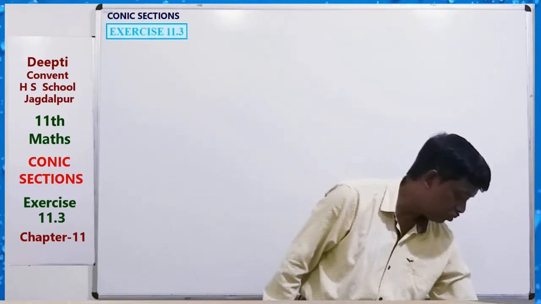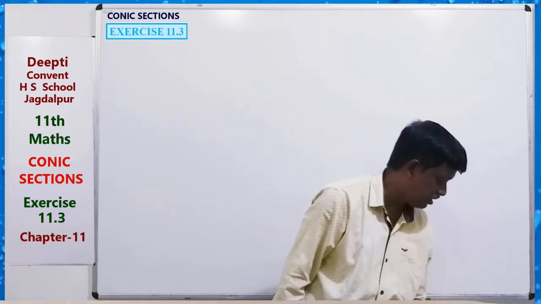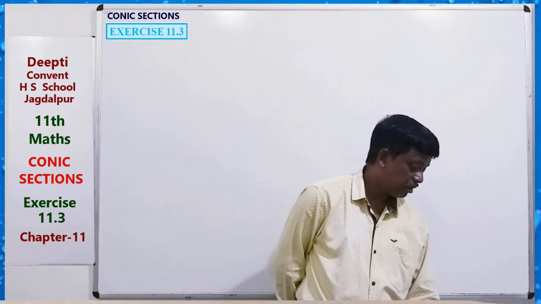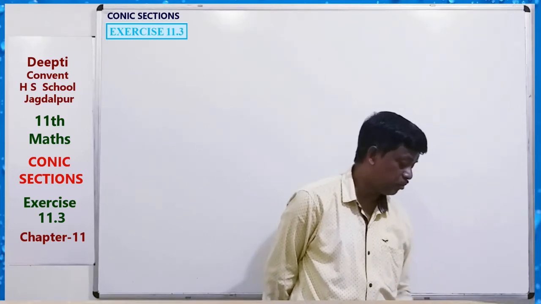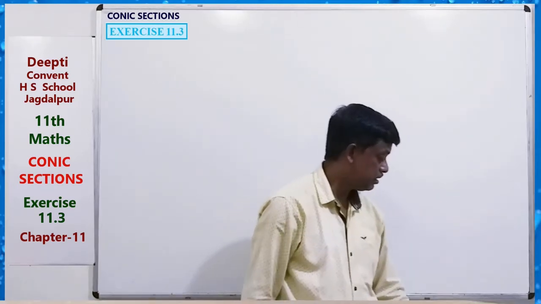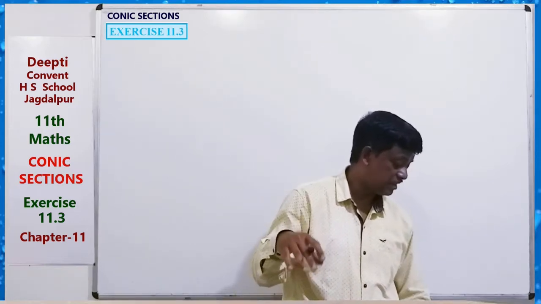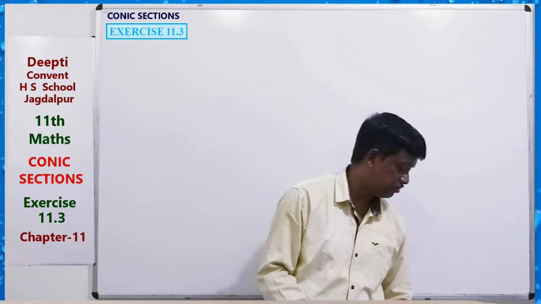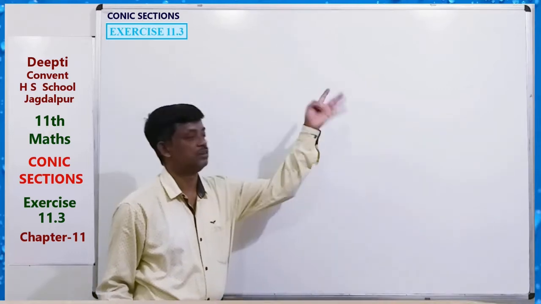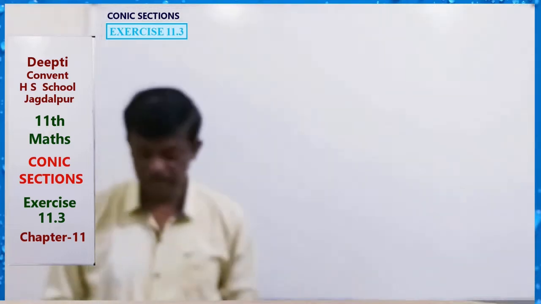From question 1 to 9, we have to find the coordinates of focus and vertices, length of major axis, minor axis, eccentricity and length of latus rectum. Questions 1 to 9 are of the same type.